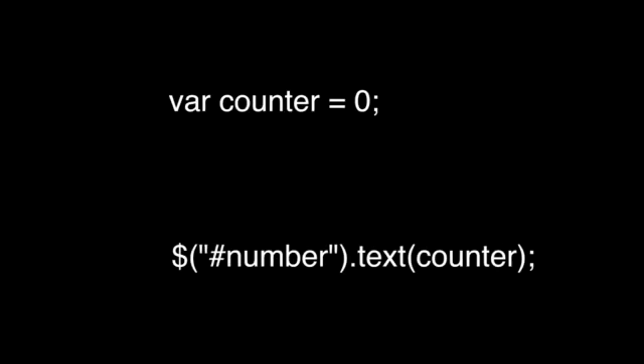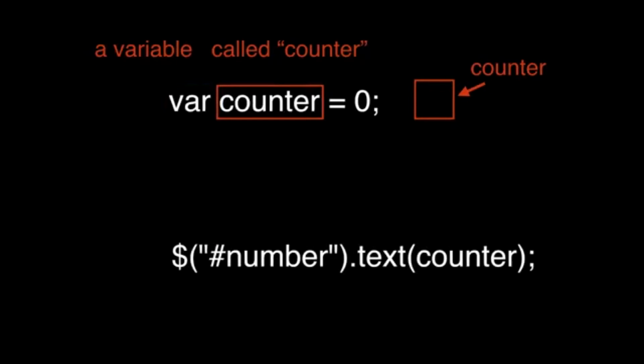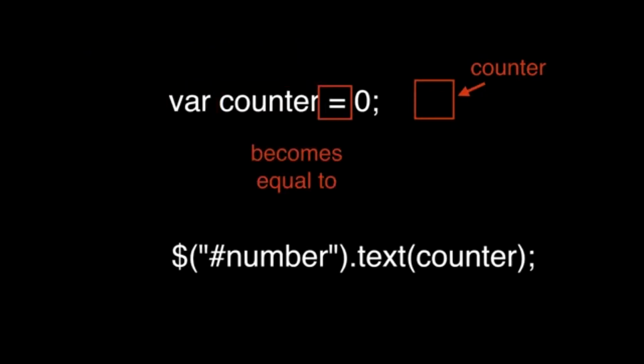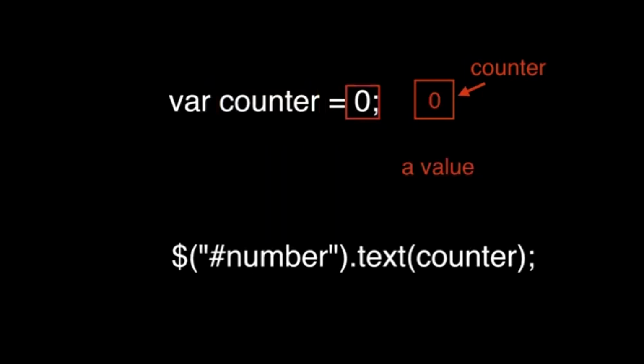Before I move on to the next bit of the code, I'd like to briefly recap what we talked about last week to really understand that, and then show how we can start changing that value. So here we are. If you remember, we create a variable by using the word var, give it a name, and this is the bit I'm interested in now. We're setting the value of this variable to be 0.